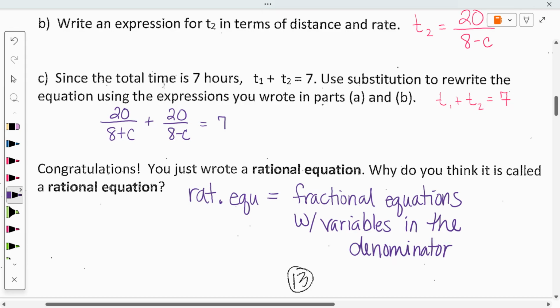Now, we have been working with variables in the denominator, right? We've been doing rational expressions and rational equations all week. So the only difference is now we're applying that same concept to real world applications. Okay. That's the difference. We're applying to real world applications. So turn the page, if you would, please, and thank you.